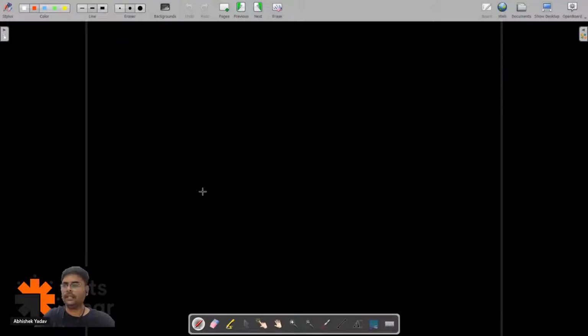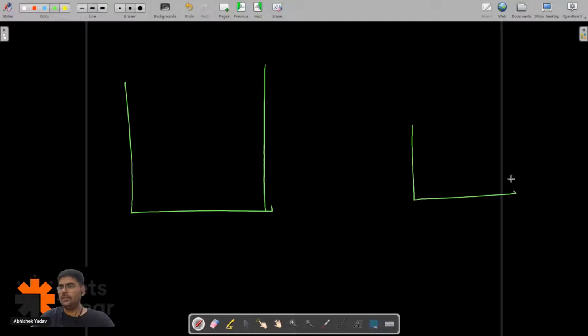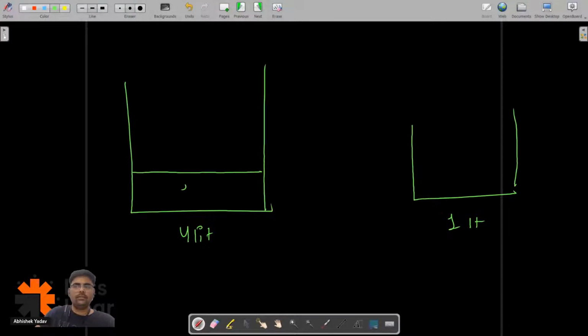So here, this time you are saying, hey, I have a 4-liter container again, and this time water is stored in this 4-liter container, and I have a 1-liter container also. Let's assume the water is 1 liter here, and I want to transfer this 1 liter of water to this container.